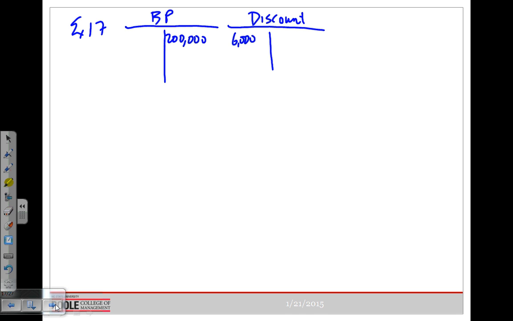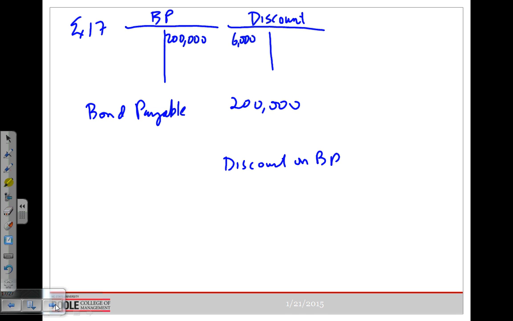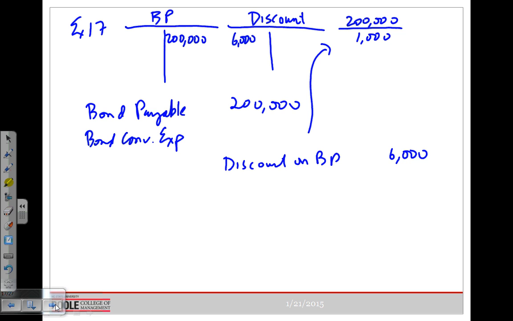Well, the bond payable comes off the books, and that's 200,000. And we have the discount on bonds payable, and that's 6,000. And we want to think about what that bond conversion expense is. To get that bond conversion expense, we know that there's $200,000 in total of bonds, and each bond has a $1,000 face value.